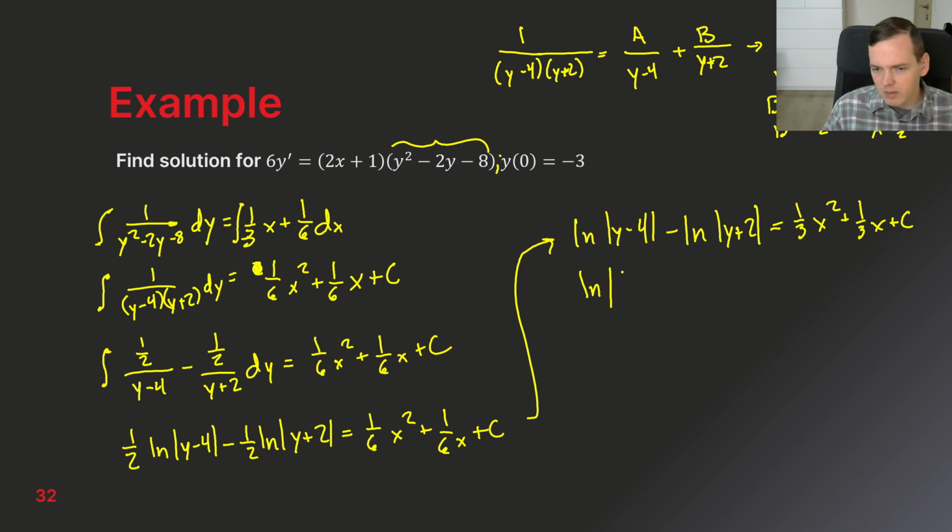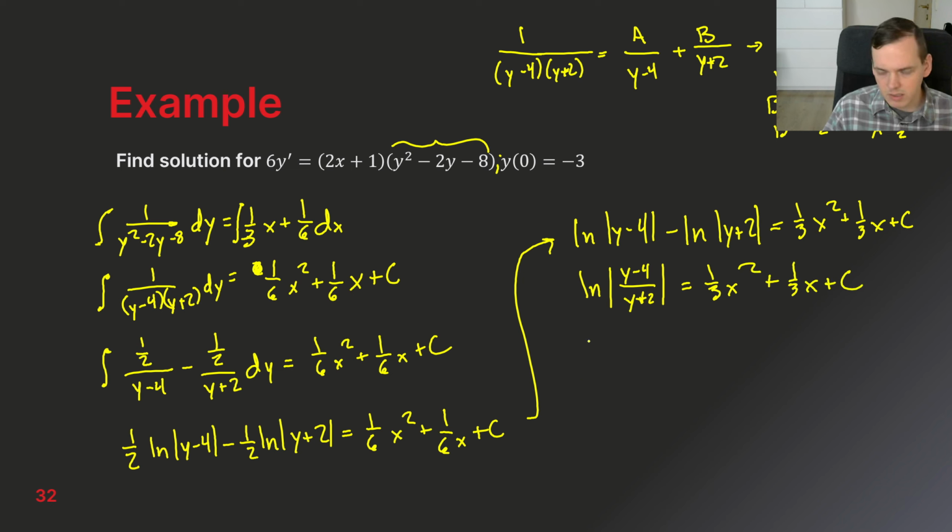Natural logs can be combined like so, because remember, if you have natural logs and they're multiplied, you can add them. If they're added, you can multiply them. If they're subtracted, you can divide them. ln of y minus 4 over y plus 2 equals x squared plus x plus c.